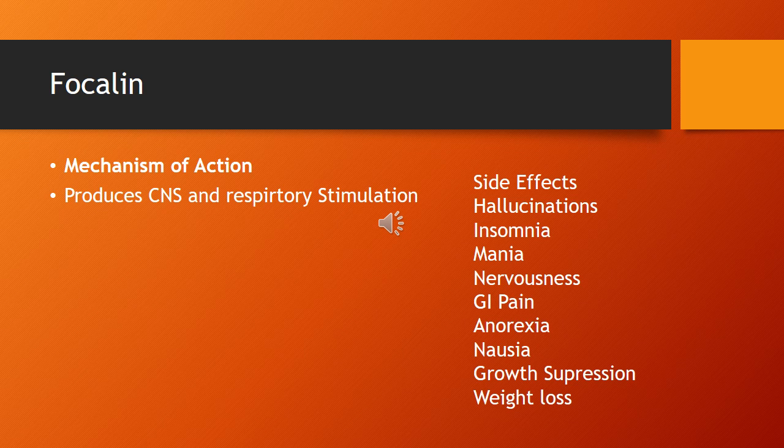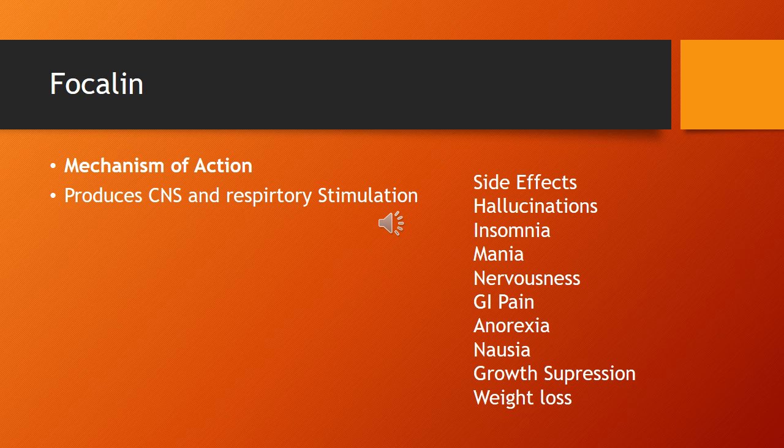Okay, and now we're going to take a look at the mechanism of action for Focalin. So it produces a central nervous and a respiratory stimulation, and increases the attention span of patients with ADHD.